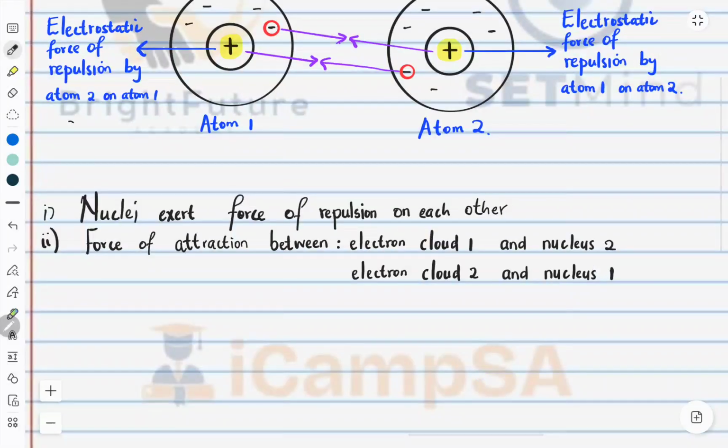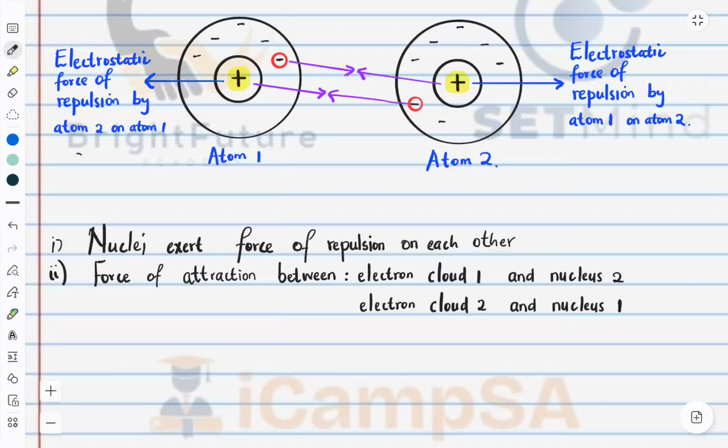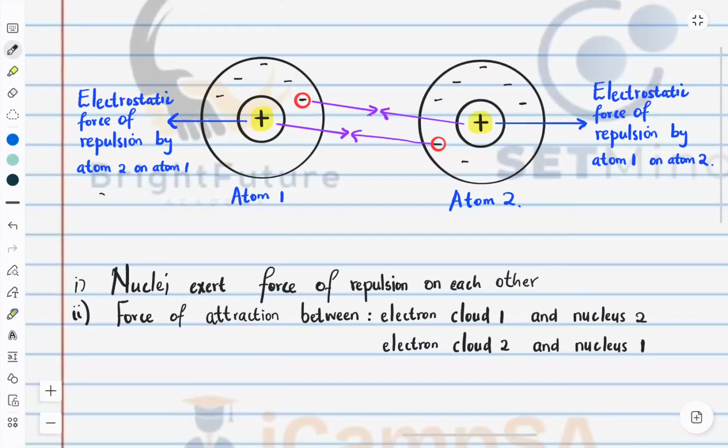So a force of attraction between electron cloud 1, from atom 1, and nucleus 2, from atom 2, and another force of attraction between electron cloud 2, from atom 2, and nucleus 1, from atom 1. I just numbered them so that it's easy to track which atom we're talking about. So that's what will basically happen. Like I said, if the net force is an attractive force, then a chemical bond is formed. So that's our third point.